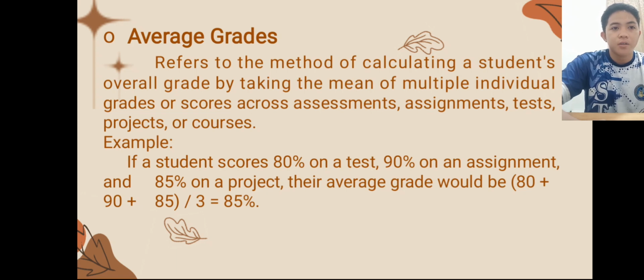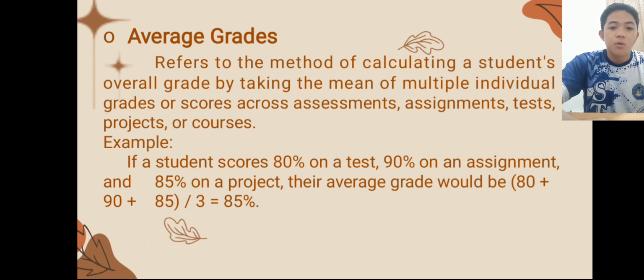Average grades refers to the method of calculating a student's overall grade by taking the mean of multiple individual grades or scores across assessments, assignments, tests, projects, or courses. Average grade is like the overall score you get based on all your assignments and tests combined in that subject.